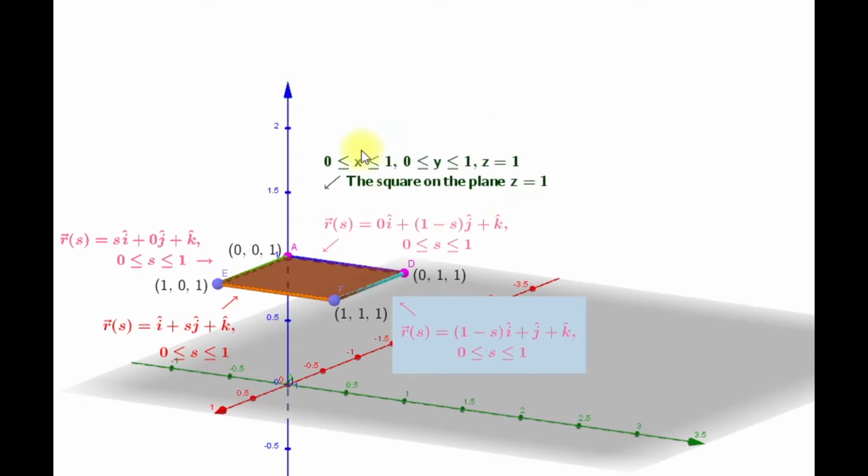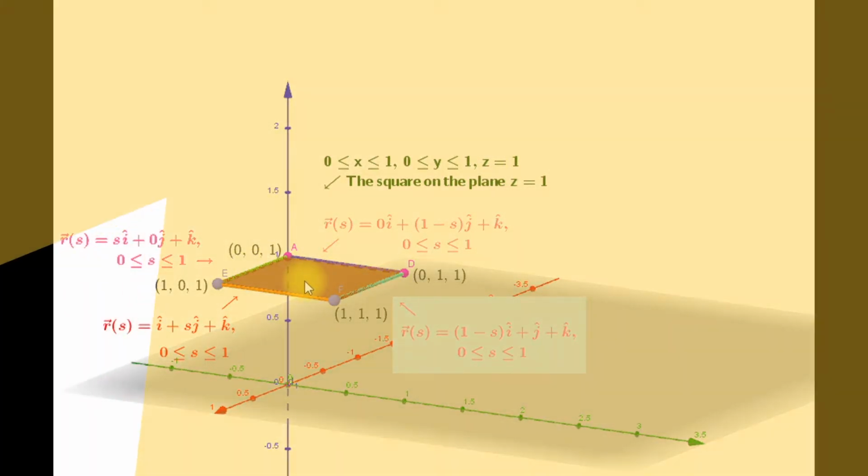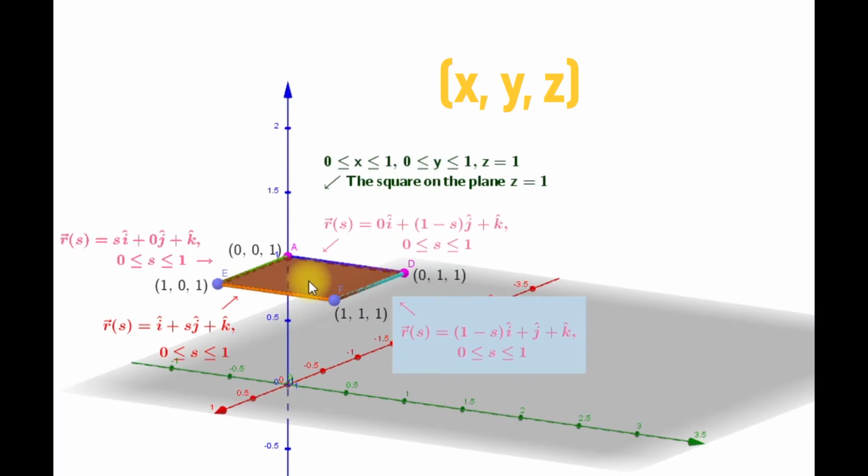This square is expressed by means of Cartesian inequalities like this: 0 less than or equal to x less than or equal to 1, 0 less than or equal to y less than or equal to 1, and z is equal to 1. That means this square lamina consists of triples x, y, z, where x varies between 0 and 1, y varies between 0 and 1, but z is always 1.